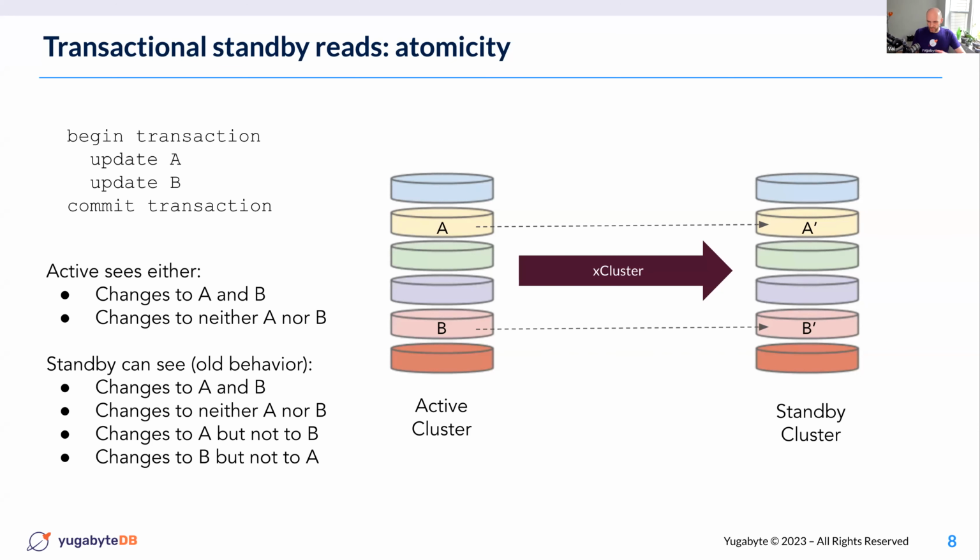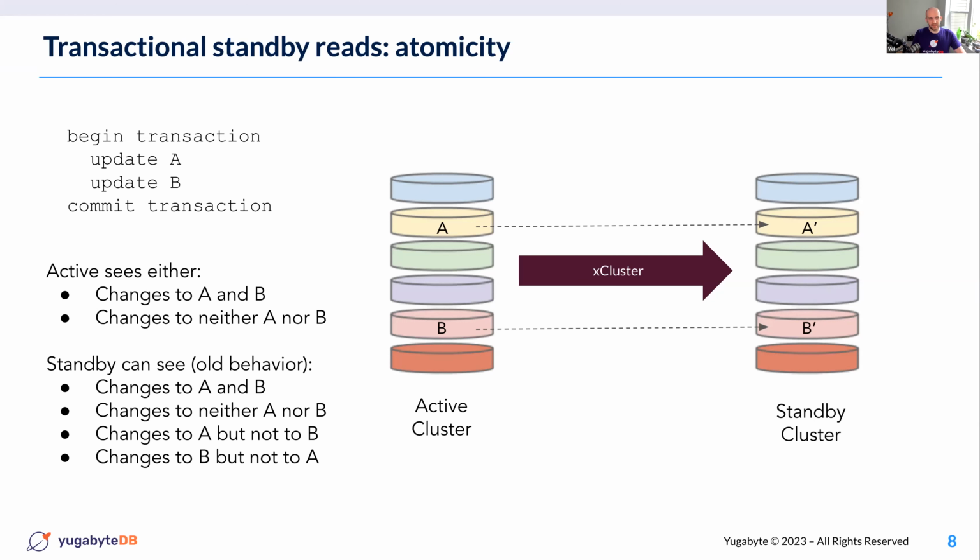Prior to 2.17, what would happen with xCluster is that if you have a transaction that, let's say, updates 2 rows in maybe different tables, and those rows happen to be in different tablets, they could arrive at the standby cluster in different order.